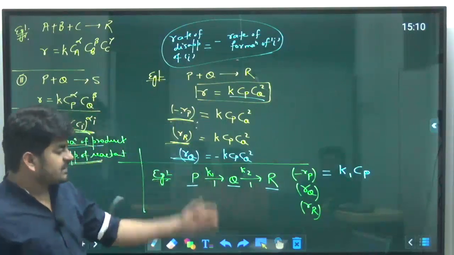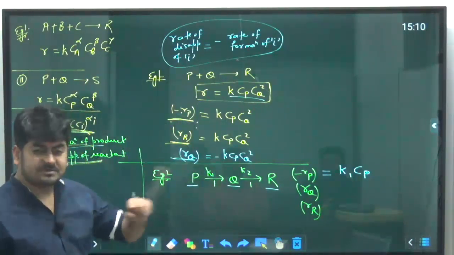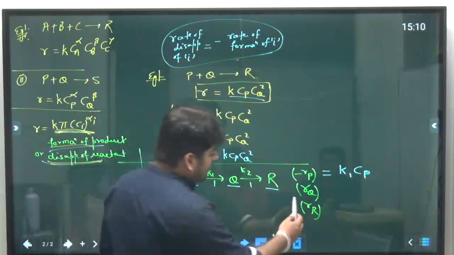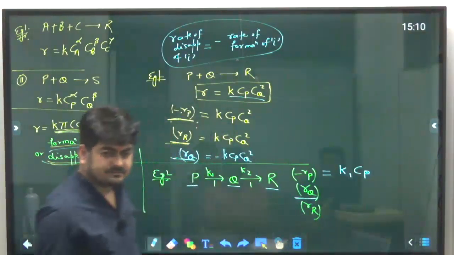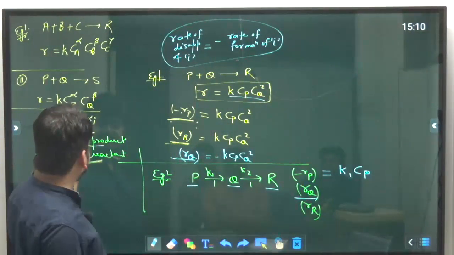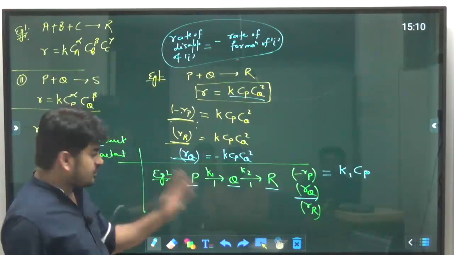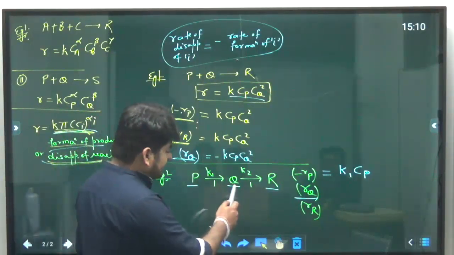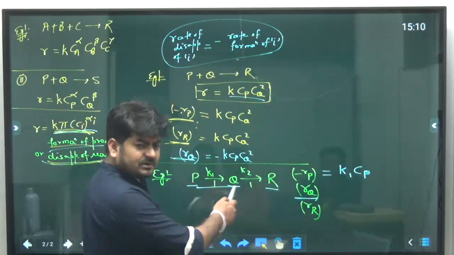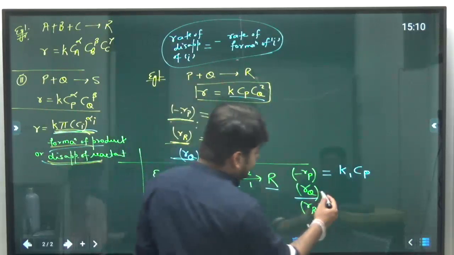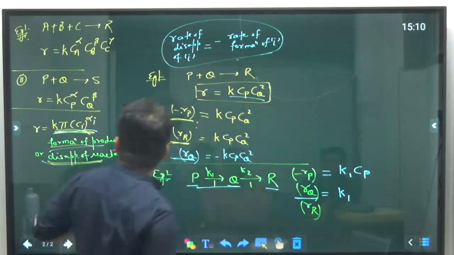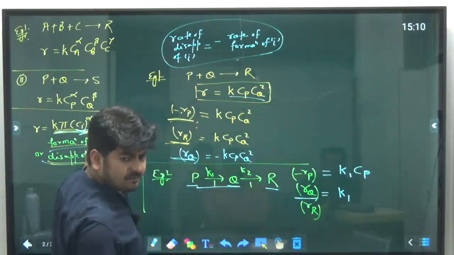Okay. Now second, Rq. Q is the product. And I am talking about the formation of product. And on the right hand side as well, this is formation of product. So from the first step, Q is the product, so K1 should be there. And concentration of reactants. What is the reactant here?